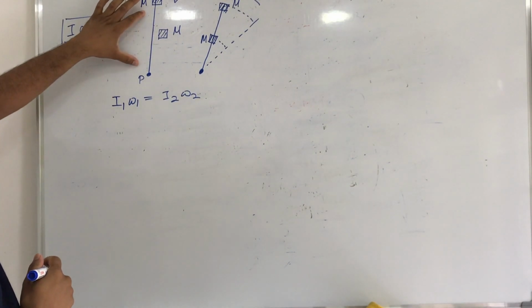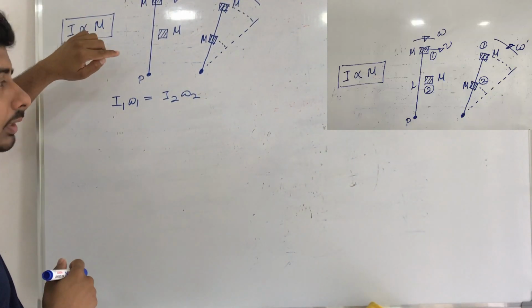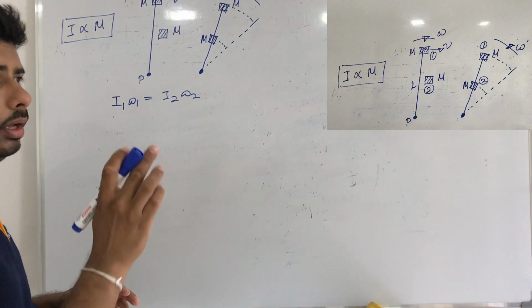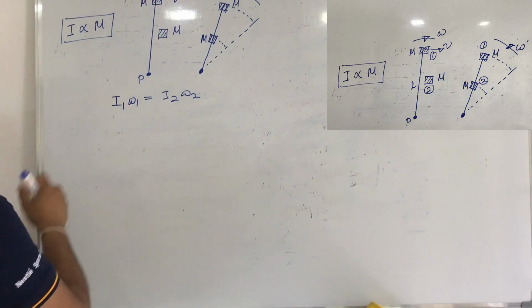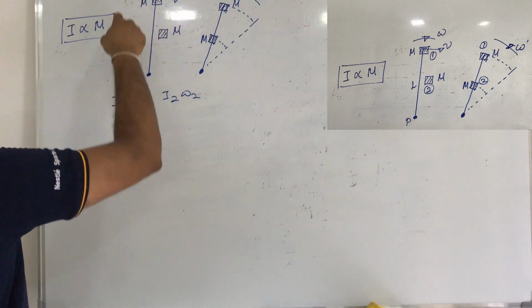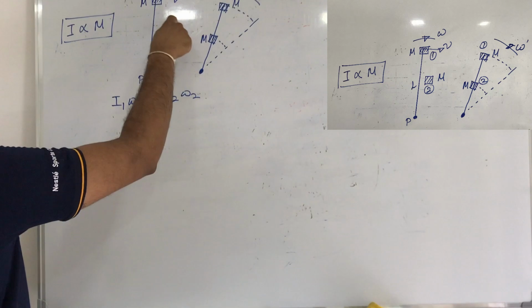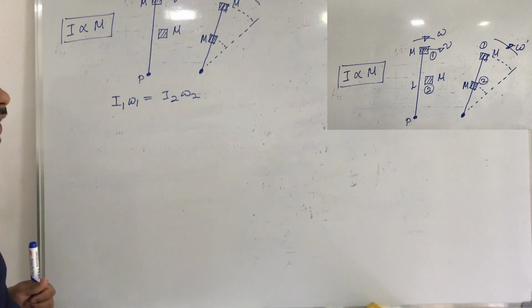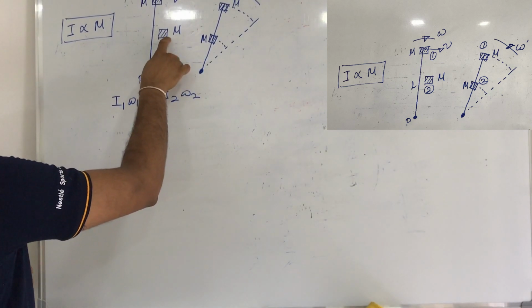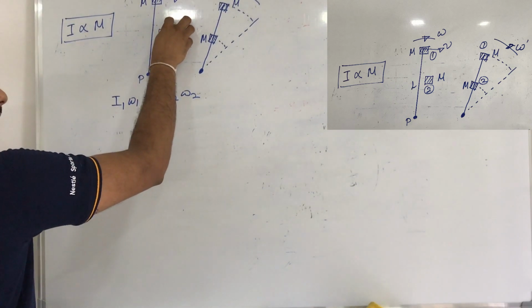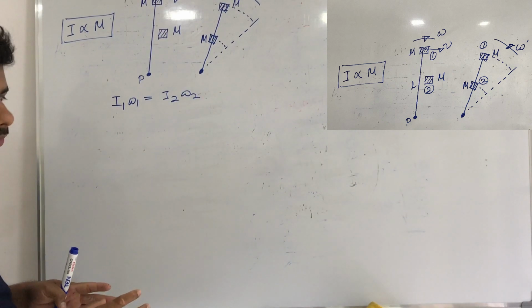So when there is no mass in this rod, it does not have any moment of inertia. So you can neglect that. Now you see there are two objects. This one is at rest. That means it does not have any motion, so there's no omega for this one. Therefore, angular momentum of this one is again 0.